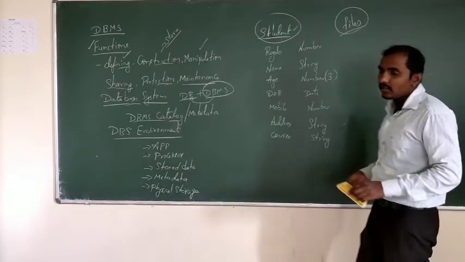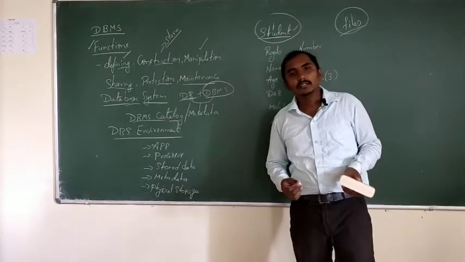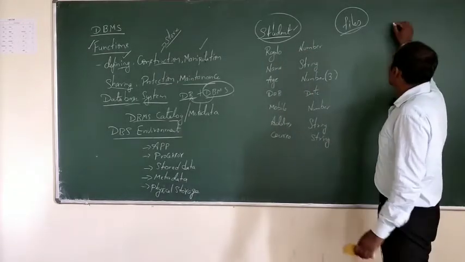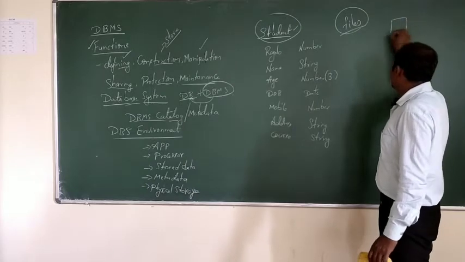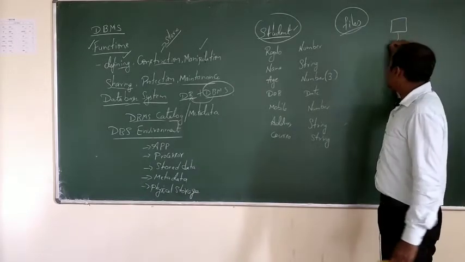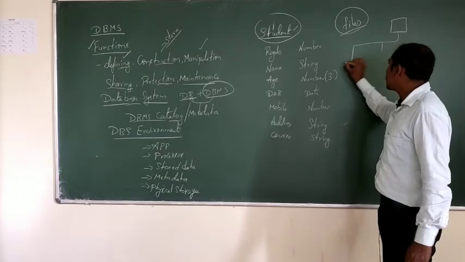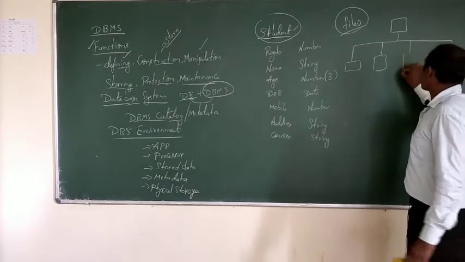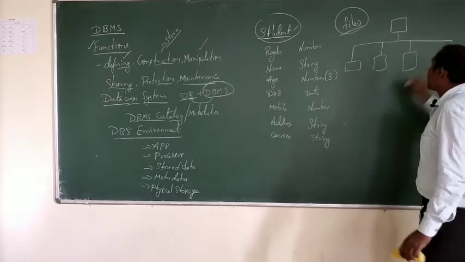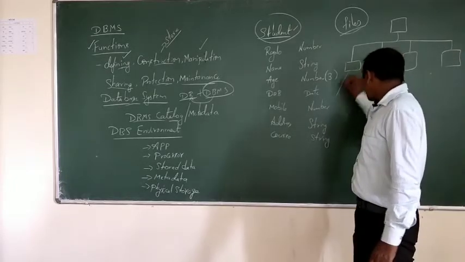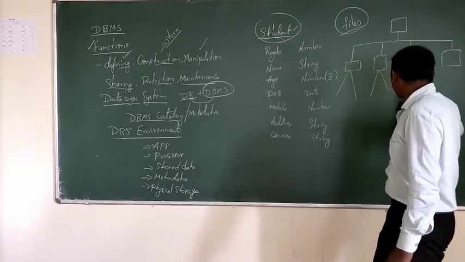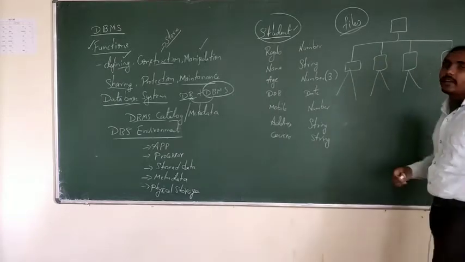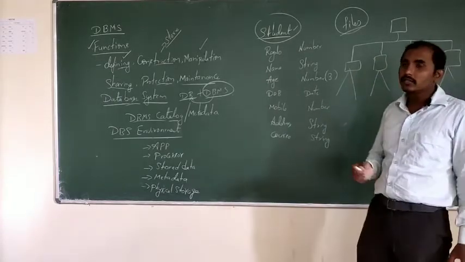If I give you a simple example, you know hierarchical order. Hierarchical order is one after the other. For example, first you have one folder, under that folder you will have subfolders, and under that again subfolders. You can take the example of your hard disk.